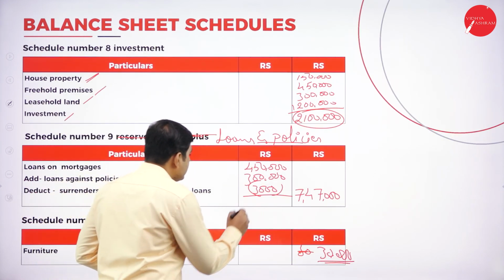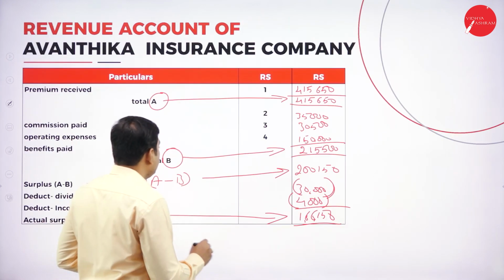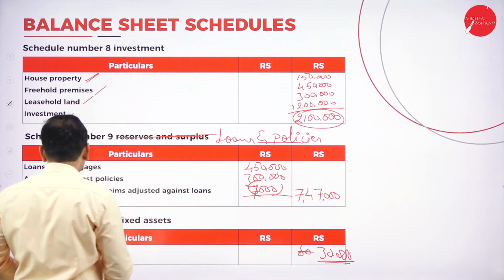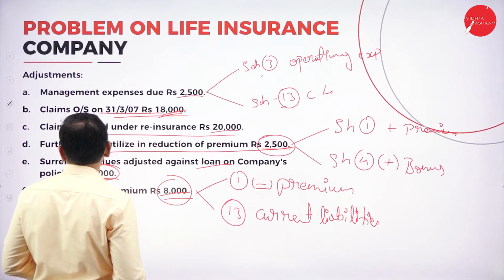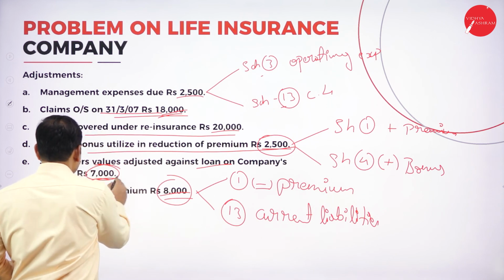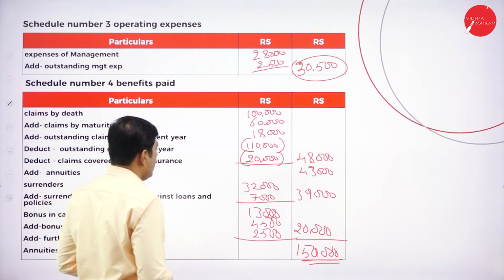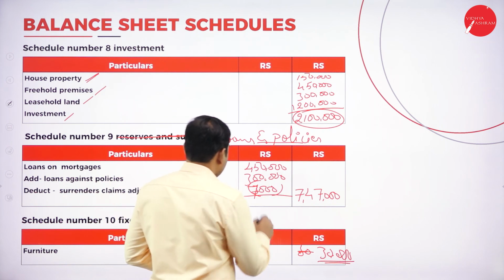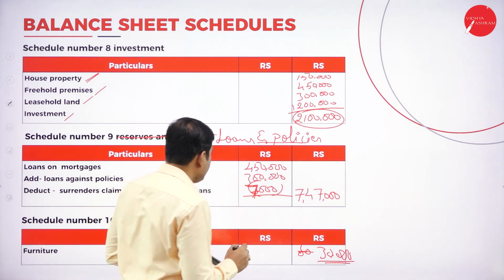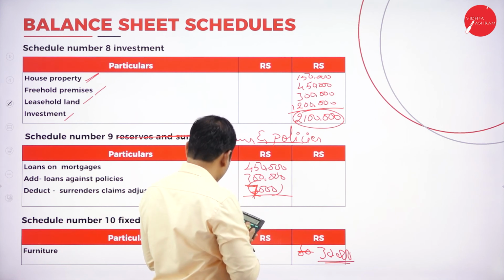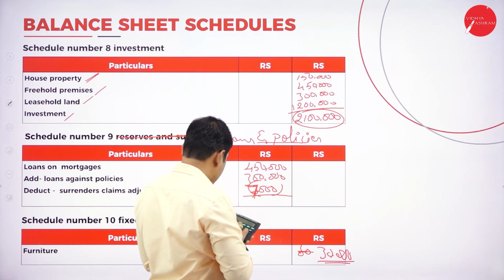Now it is 7,000 here. This is surrender claims adjusted. Let's look at the surrender claims here. The surrender claims is 7,000. So let's make it correct. If you deduct this, the total will become 50,000 plus 3 lakh minus 7,000.